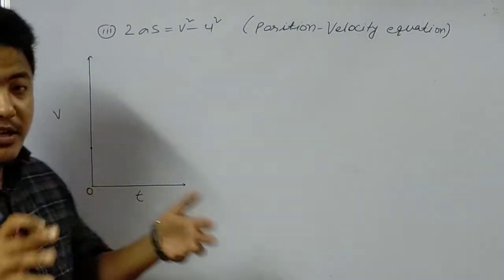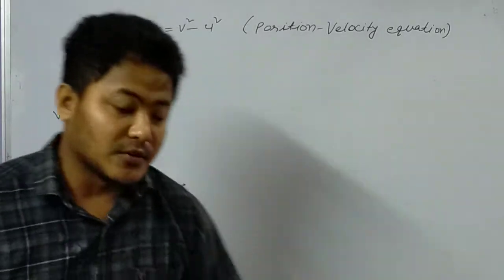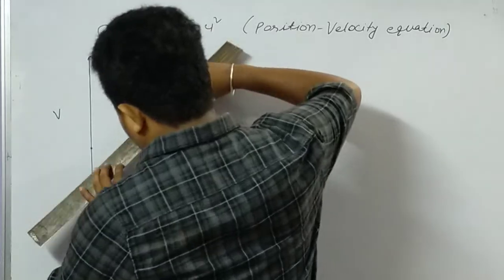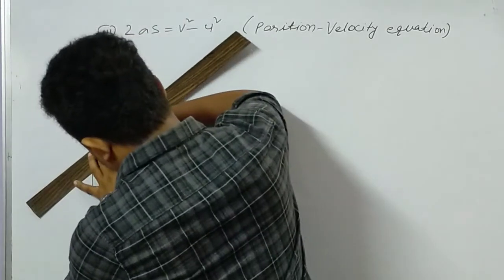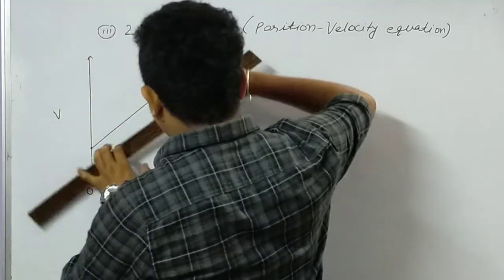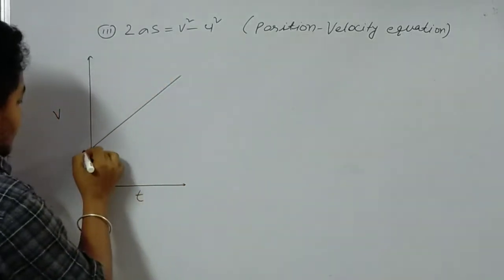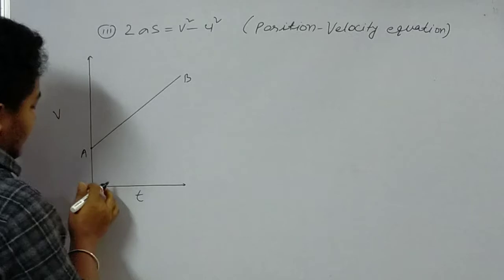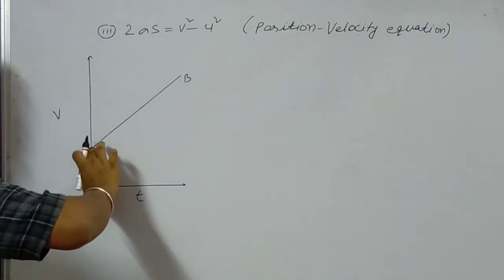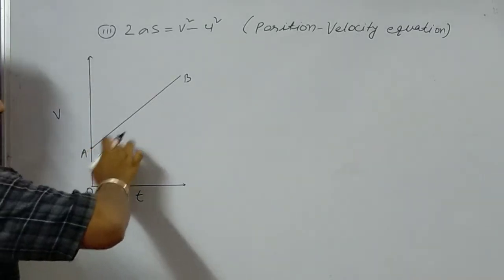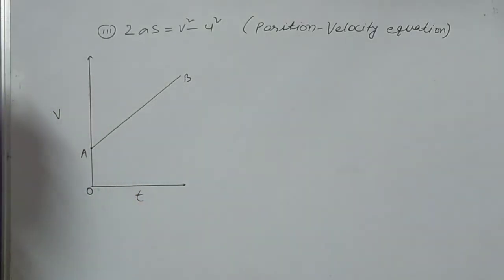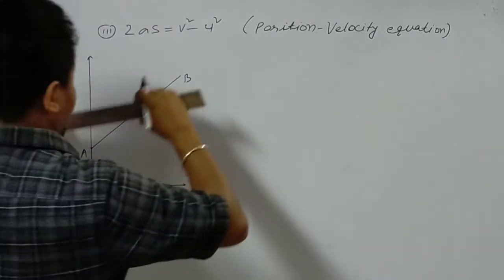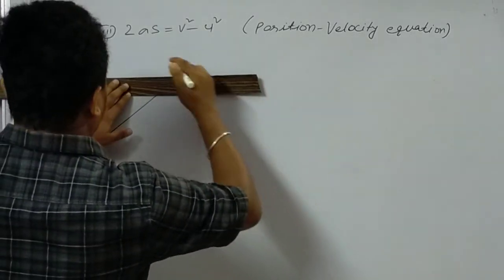That means this body has some amount of initial velocity. So this will be the graph, and let us suppose this point is A and this point is B. This indicates the initial velocity, and this is the final velocity.